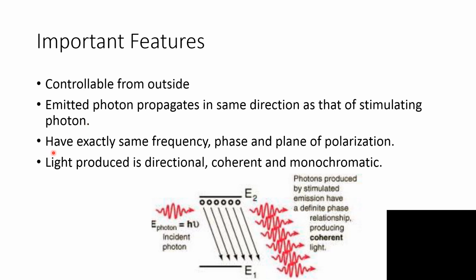The photons have exactly the same frequency, phase, and plane of polarization, going in the same direction and in the same phase. This is only possible in stimulated emission. Light produced is directional, coherent, and monochromatic.